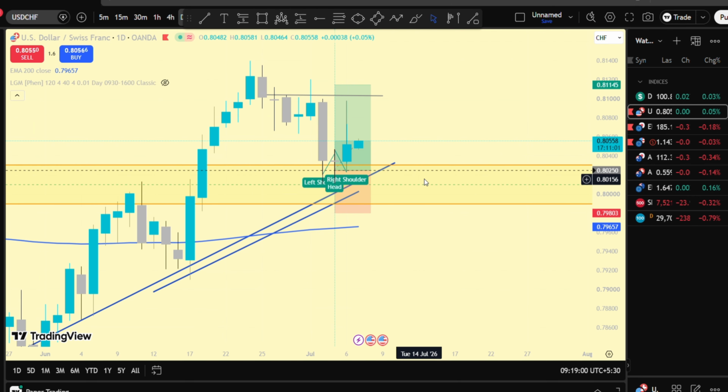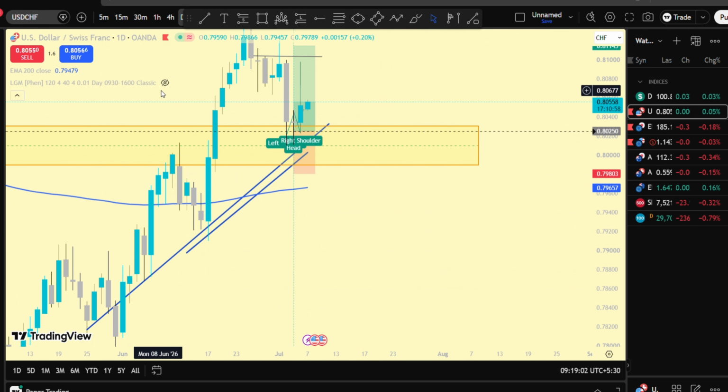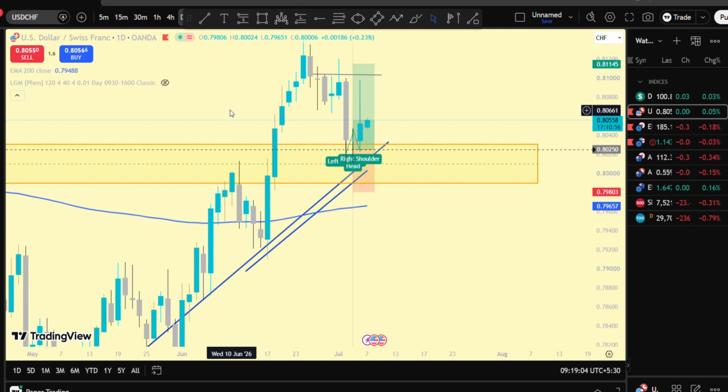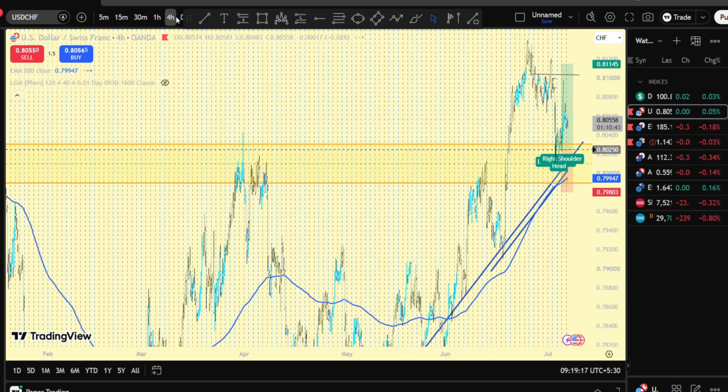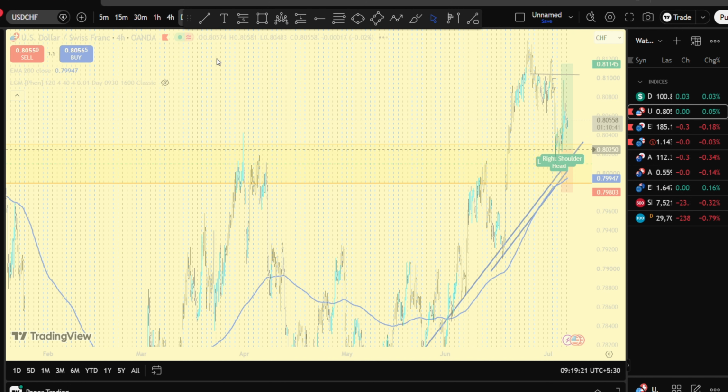So if you look at USD CHF, I made a video on Sunday and I explained this trade, and this video had no audio at all, and I missed this one. So the core idea is it's just a break and retest trade.